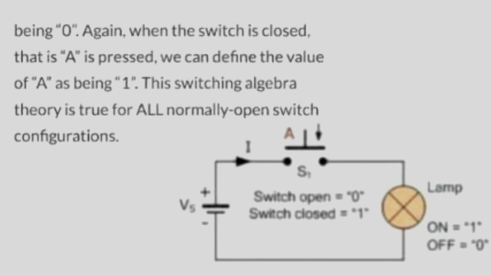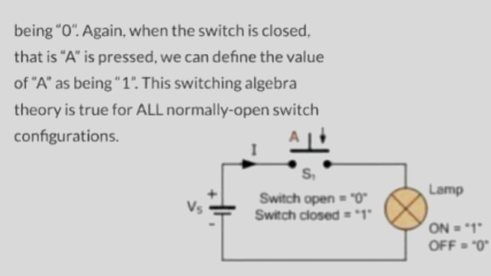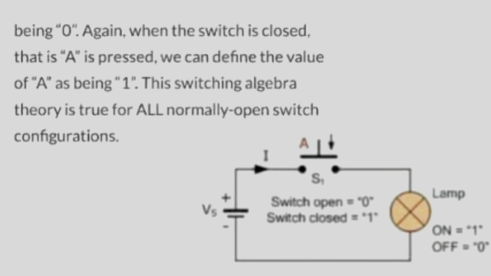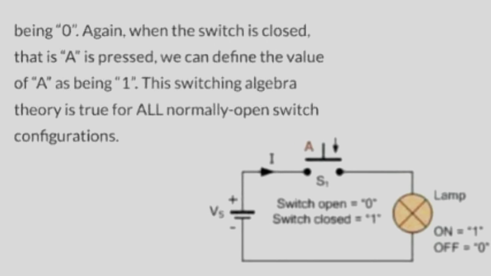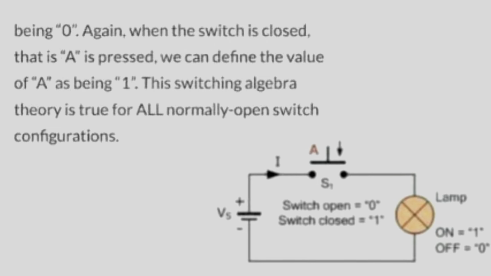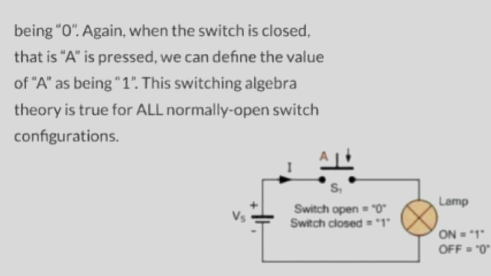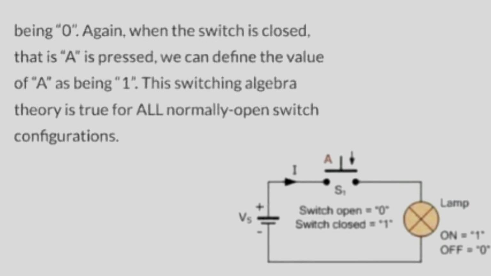Again, when the switch is closed, that is A is pressed, we can define the value of A as being 1. This switching algebra theory is true for all normally open switch configurations.